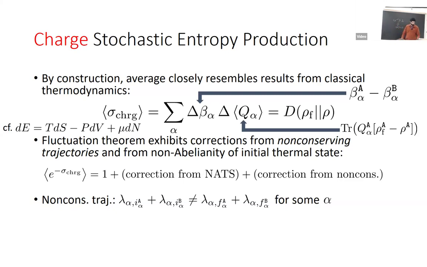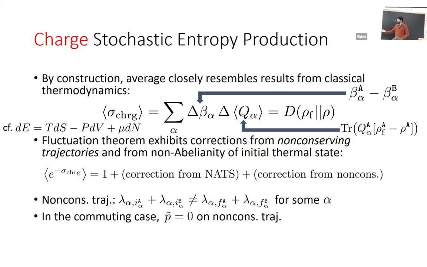Normally, we don't worry about these trajectories because in the commuting case, when all charges commute, this quasi-probability reduces to just a probability, but it's zero on non-conserving trajectories. So they play no role. They don't show up in any of the calculations. They have no weight. However, in the non-commuting case, you can actually have non-zero weight on these kinds of trajectories.